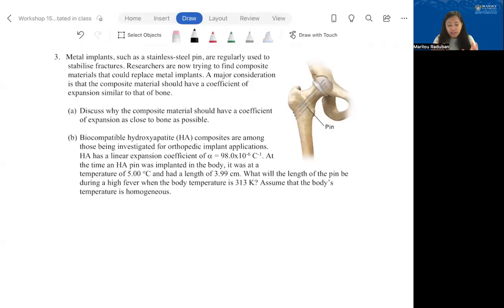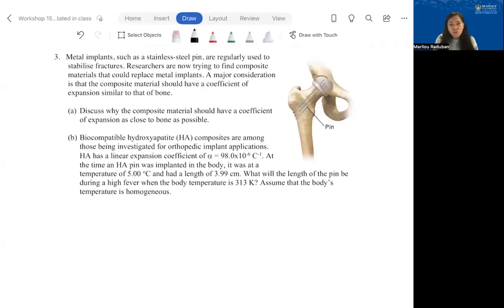So, of course, if you use a material that has a very different coefficient of expansion compared to bone, then if the coefficient of expansion of that material is much bigger than the coefficient of expansion for the bone, then that material will expand faster compared to the bone when the body heats up. And the faster expansion of the material will introduce stress in the bone.